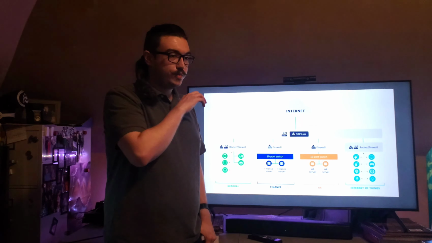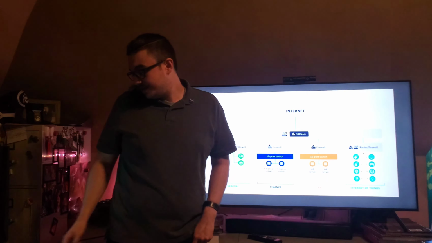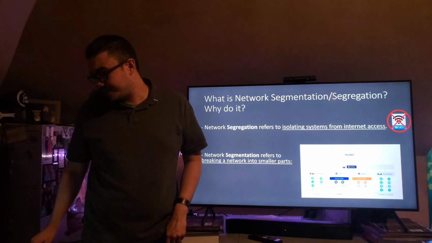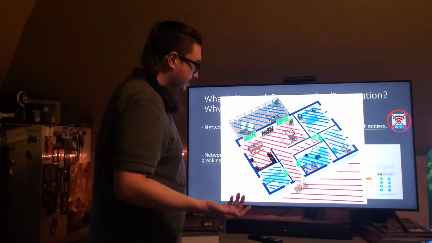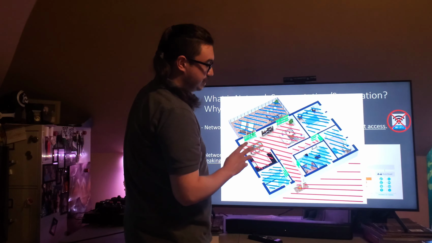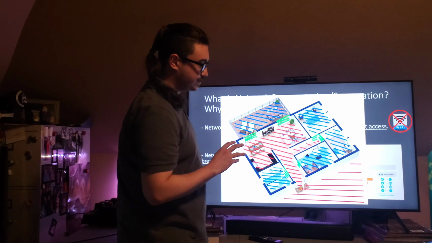So to help understand these concepts, I like to equate cybersecurity concepts to real world physical security concepts. So I whipped up this little illustration that gets the point across pretty well, I think. So let's say everything outside the house is the internet. It's scary, like I said, we don't know what's out there.